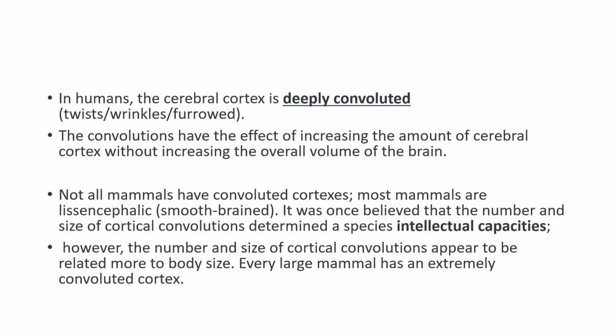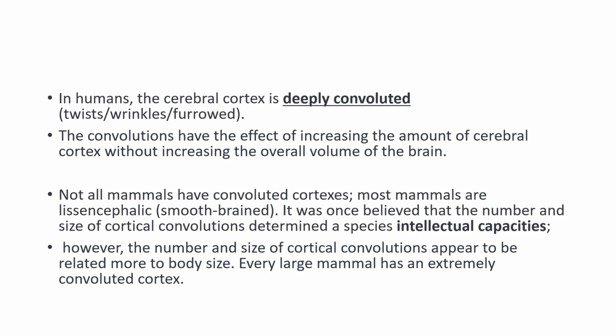As we know, in humans, this cerebral cortex is said to be deeply convoluted. The reason for its convolution is understood in this way: it helps in increasing the extent of cerebral cortex that we get because of its convolutions, without actually increasing the volume of the brain.